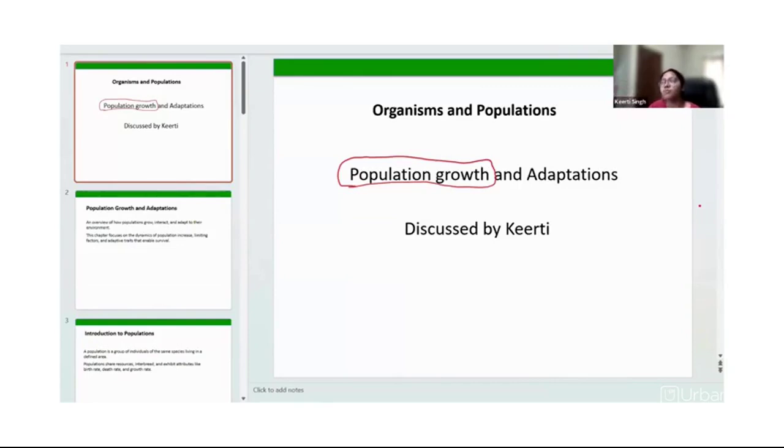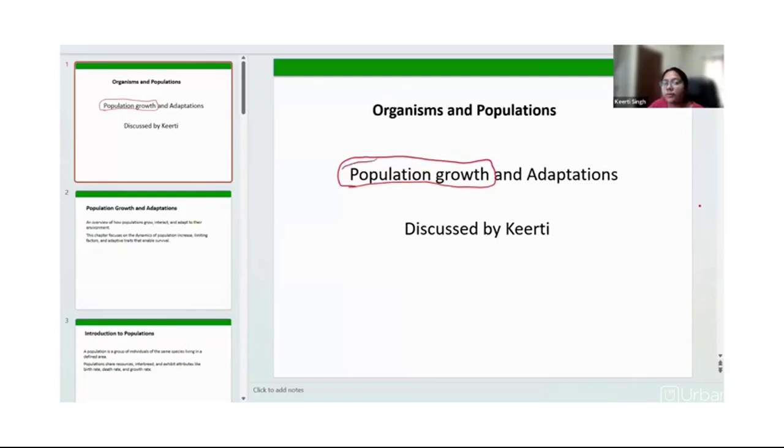To study all these populations, right, we have to simplify this process of studying, we have generated a new branch, that is ecology, that is going to deal with all kinds of growth related aspects of population, right?